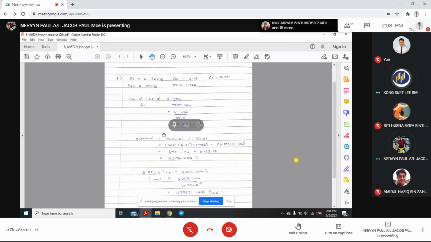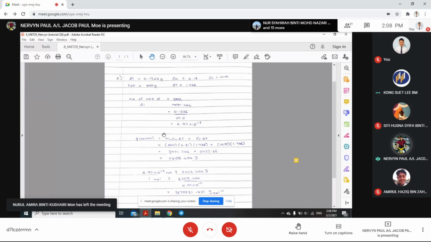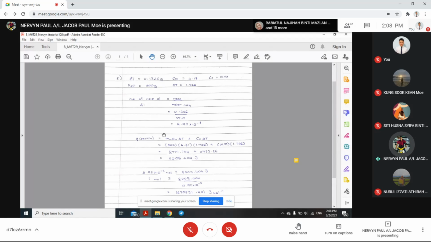Okay, start present. Number 8, I list down all the information of the question. They give the mass of aluminium, which is 0.1326 gram. They give the heat capacity of aluminium, which is 1410 joule per degree Celsius.